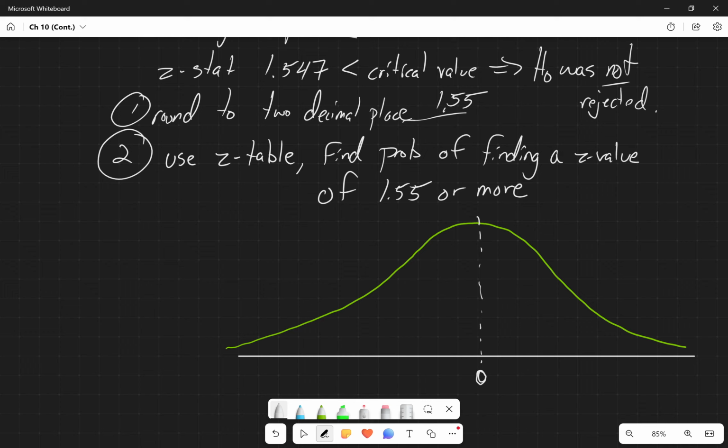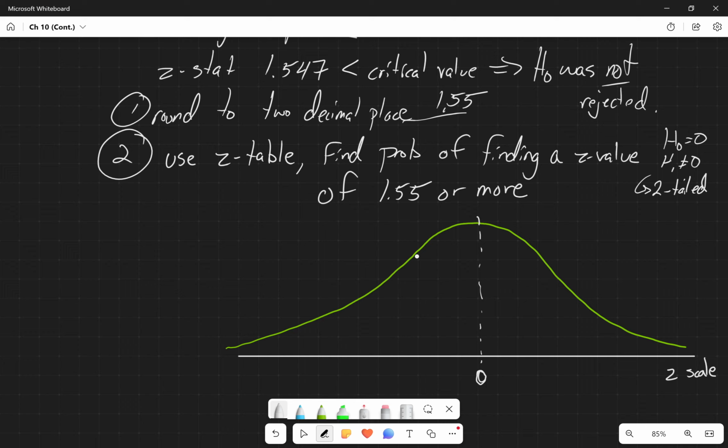It's important for us to keep in mind, is it a one-tailed test or a two-tailed test, right? Our null hypothesis had an equal sign in it, and the alternative had a not equal sign, so it's going to be a two-tailed test. So finding the probability of a Z value of 1.55 or more, right? This is our Z scale over here.